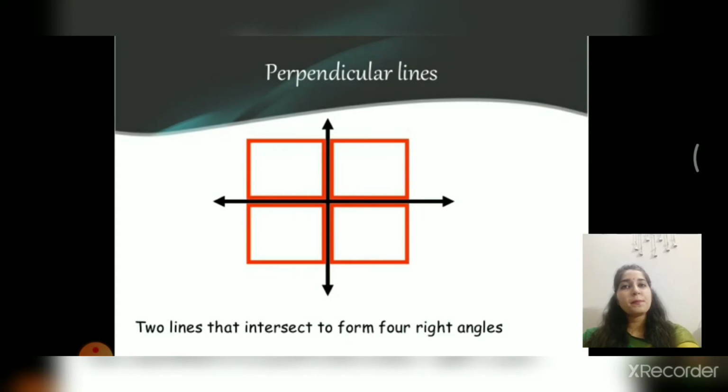Now, perpendicular lines. Two lines that intersect each other at an angle of 90 degrees are called perpendicular lines. As you see in the figure, two lines are intersecting and the angle between them is 90 degrees or a right angle.